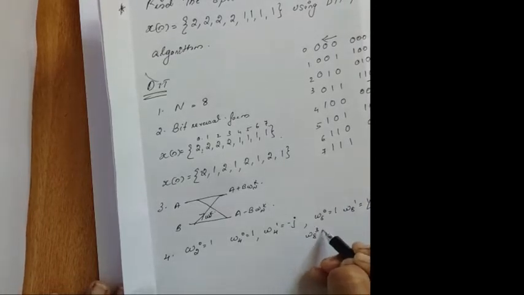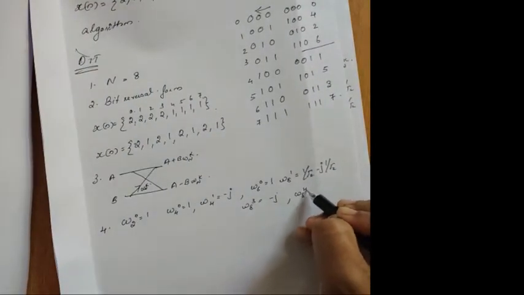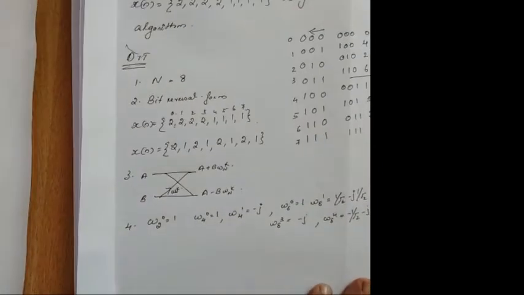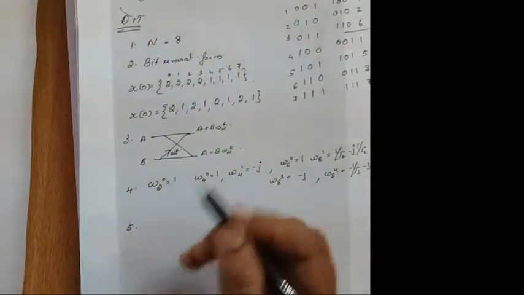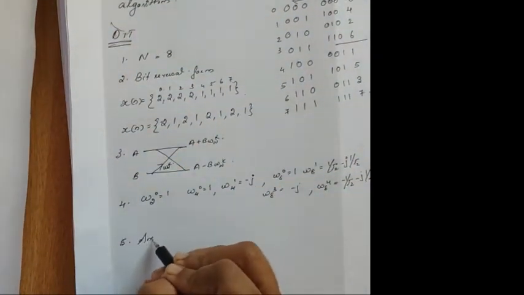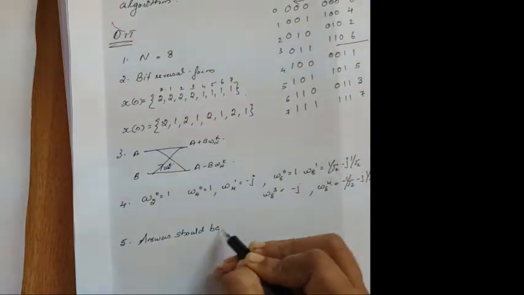Omega 8 power 3 is equal to minus j. And omega 8 power 4 is equal to minus 1 by root 2 minus j 1 by root 2. And the fifth point is, as you have taken the bit reversal over here, the answer should be as such.